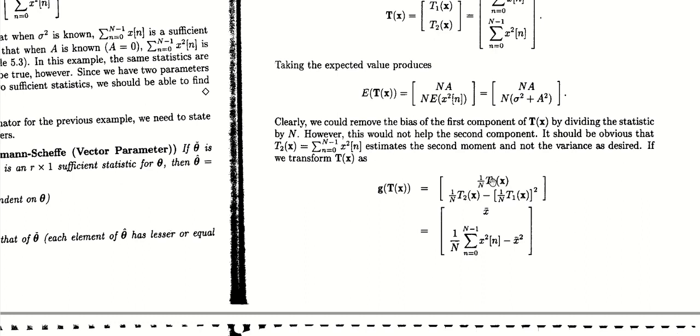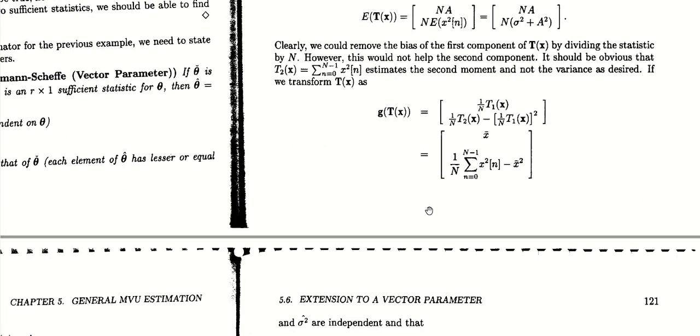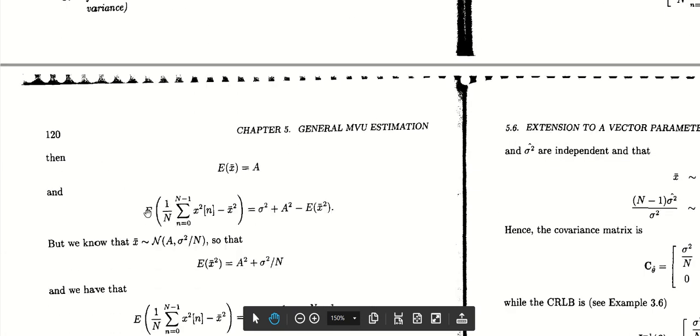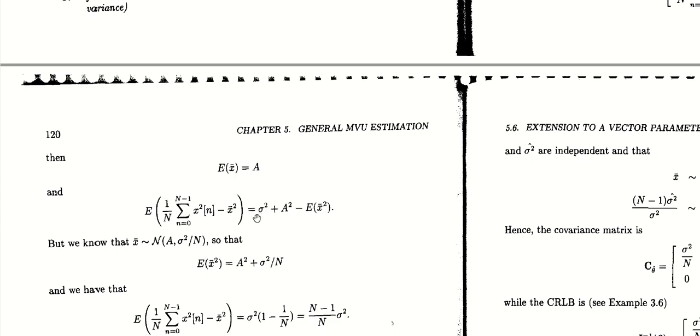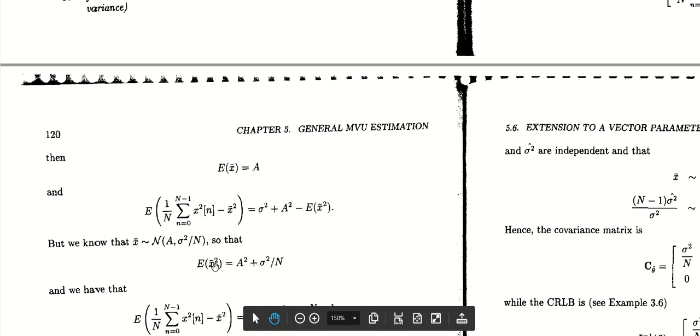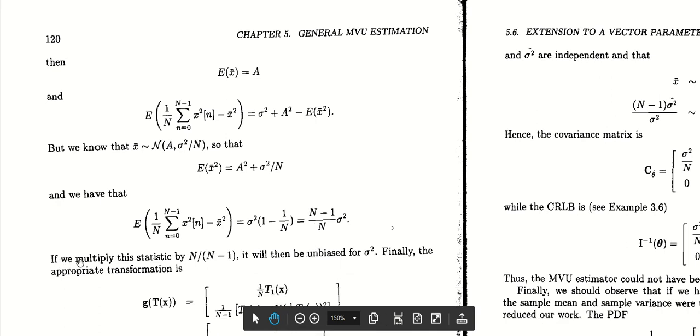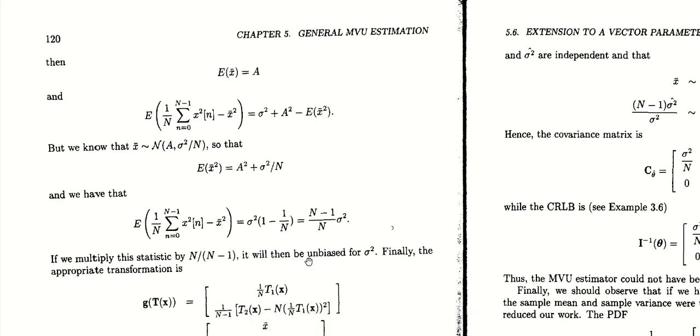You divide this, and then you get this. Then expect of x bar equal to A, and expect of the second term equal to this. But we know that expect of x bar squared is equal to this. And then we have expect of this equal to that. So if we multiply this by this, then it will be unbiased for sigma squared.